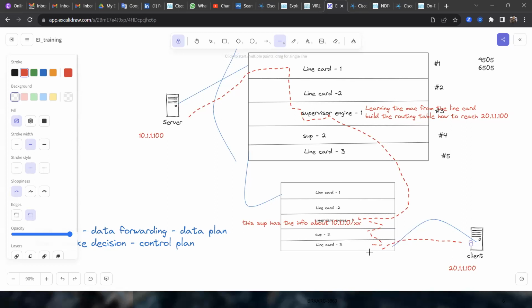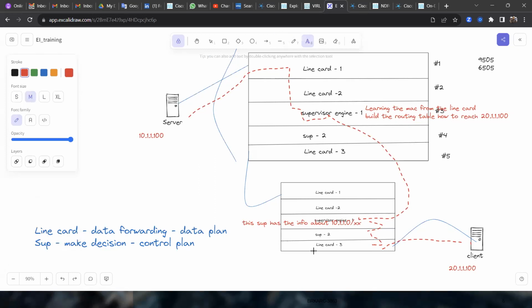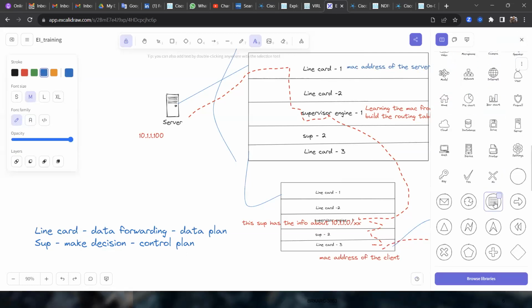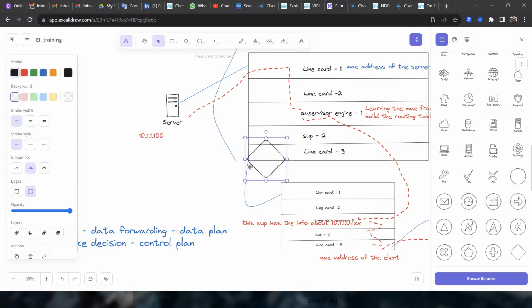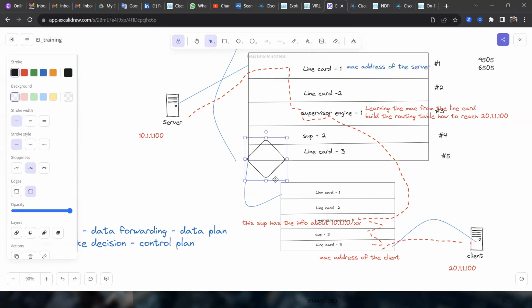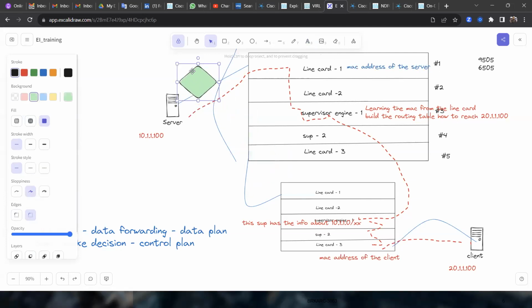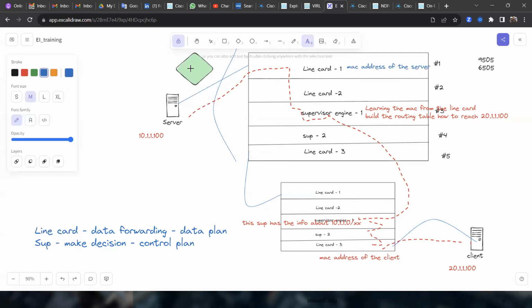This line card has the MAC address of the client, and this line card has the MAC address of the server. So the communication that you are seeing here is not very straightforward. It has multiple folds. So multiple folds means you can see this will be point number 1.